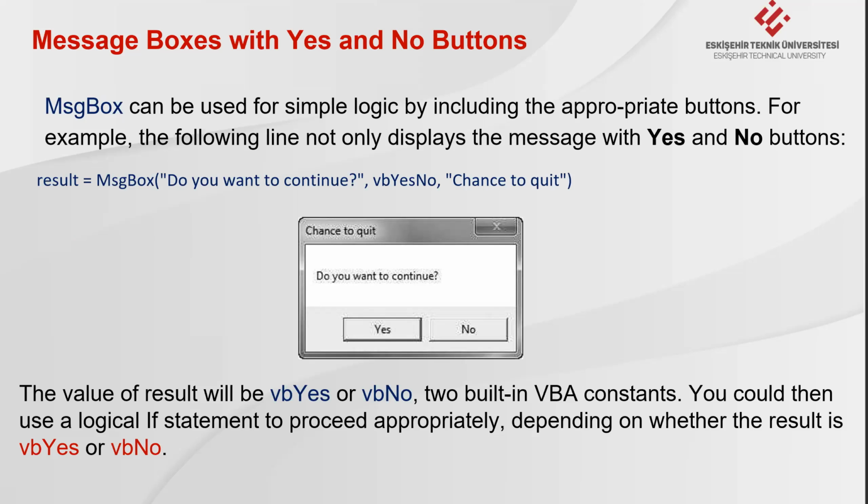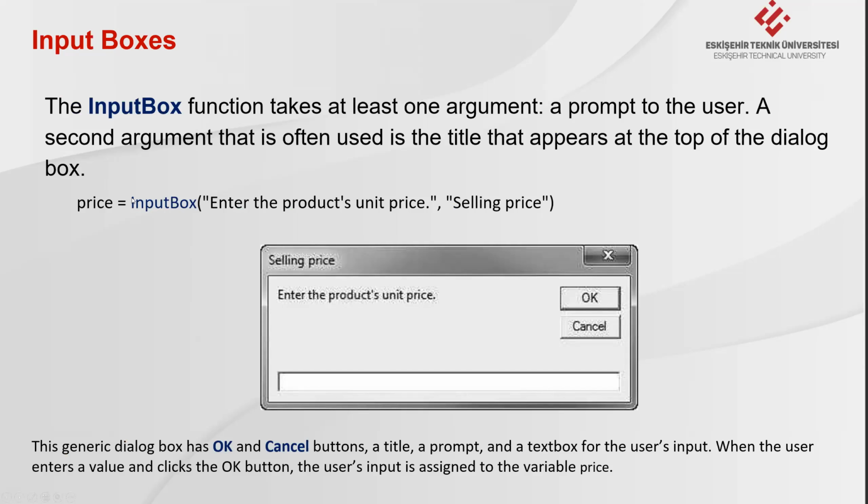You could then use a logical If statement to proceed appropriately, depending on whether the result is vbYes or vbNo. So in the input box, the value is what your user entered in the text box.